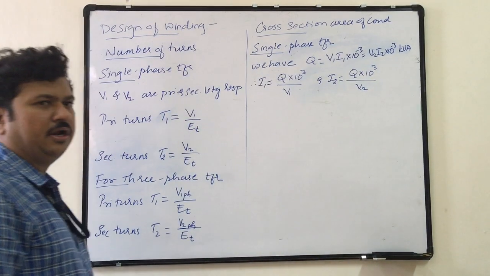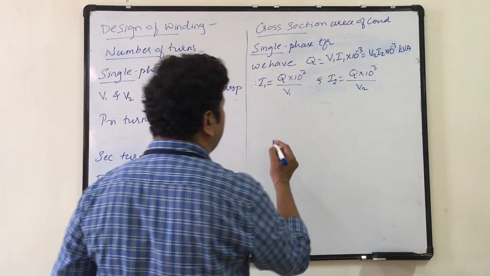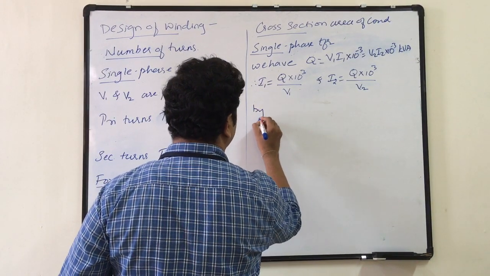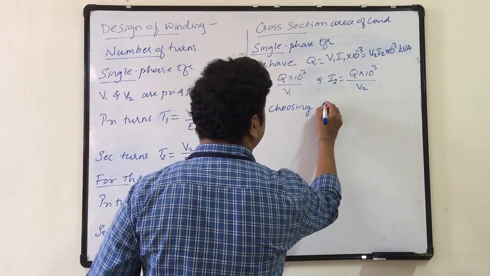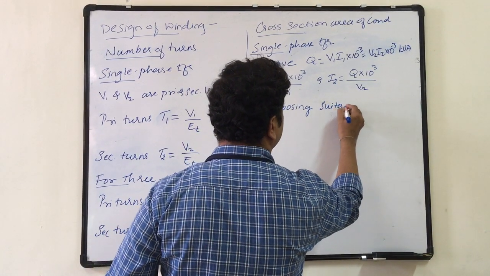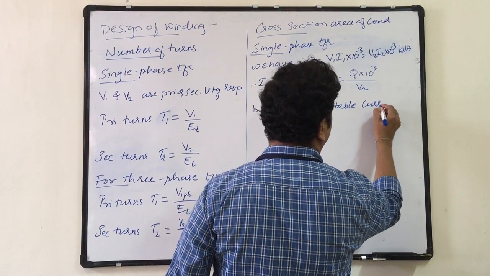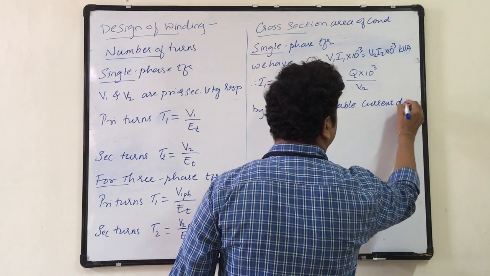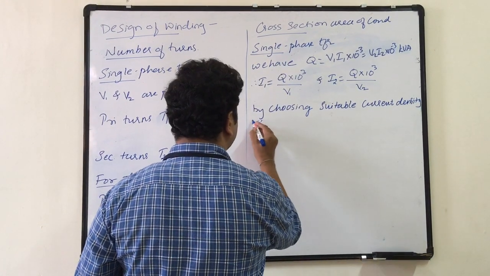I can give the area by choosing a suitable current density delta.